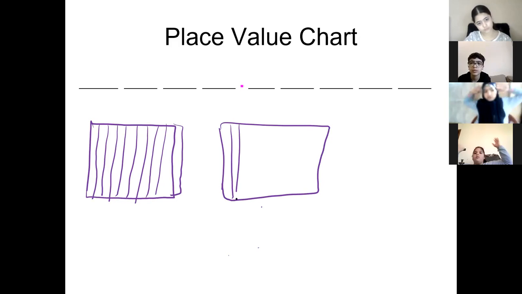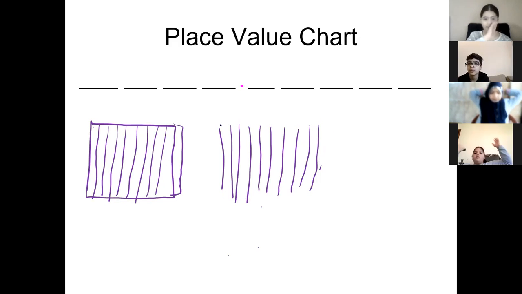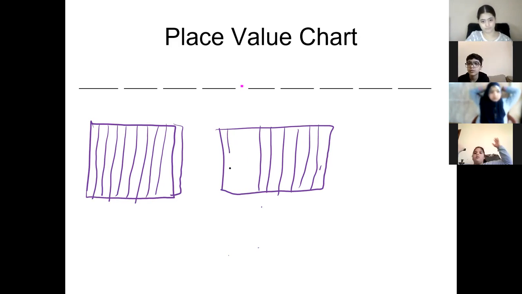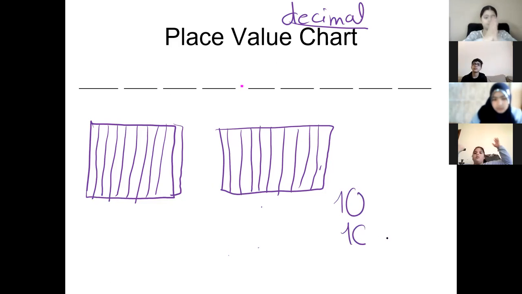1, 2, 3, 4, 5, 6, 7, 8, 9, and 10. Whenever I talk about decimals, we will divide the square or any shape into 10 equal parts, or 100, or 1000.